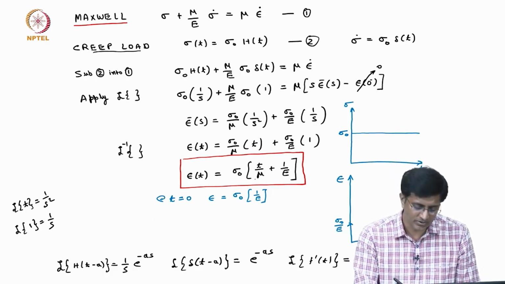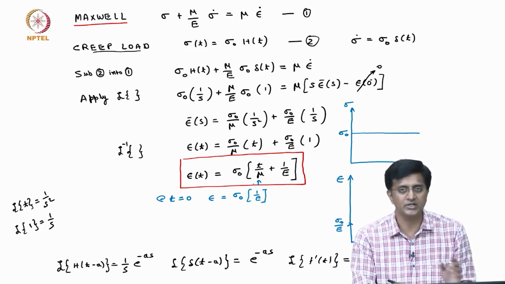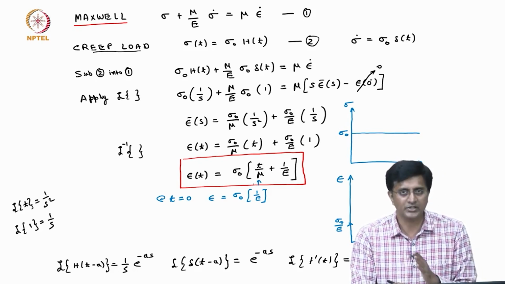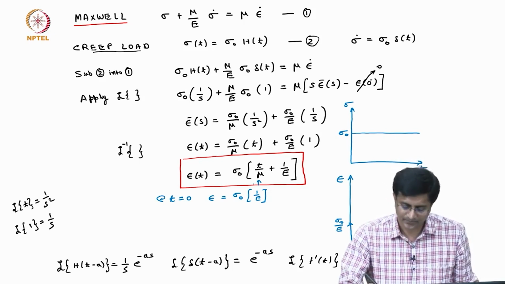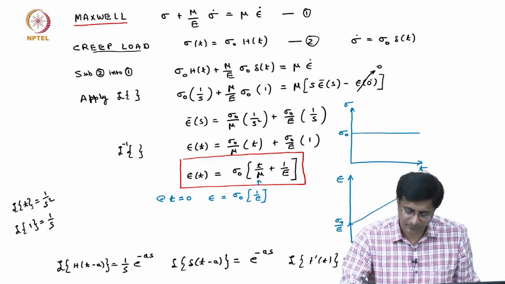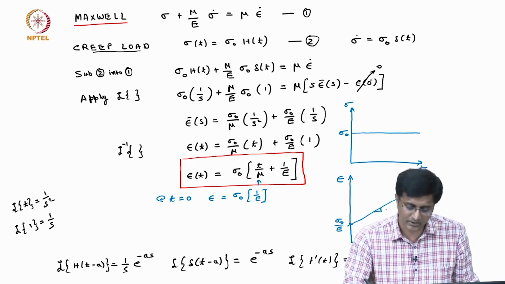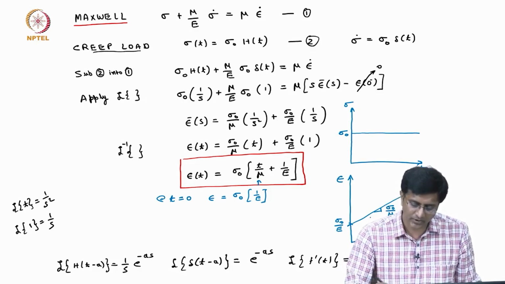But now let us look at what happens as the time increases. As the time increases, we will be looking at this first term. The first term, as we have seen, is a linear term in terms of time t. So, with time the strain gradually increases, and this slope, the increment, is given as sigma naught by mu. Where are we getting that?